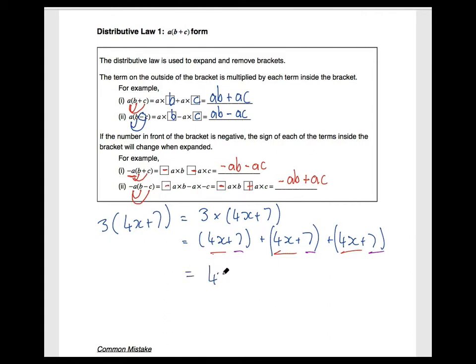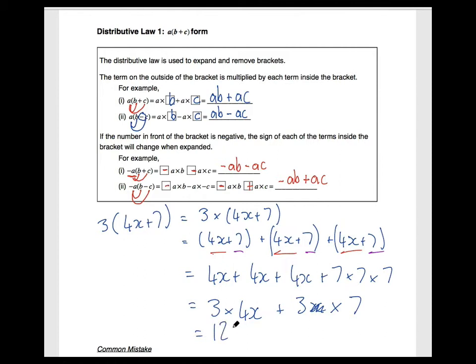So it becomes 4x plus 4x plus 4x plus 7 plus 7 plus 7, which equals 3 times 4x plus 3 times 7, giving us the ultimate answer of 12x plus 21.